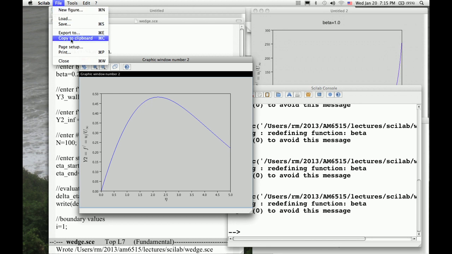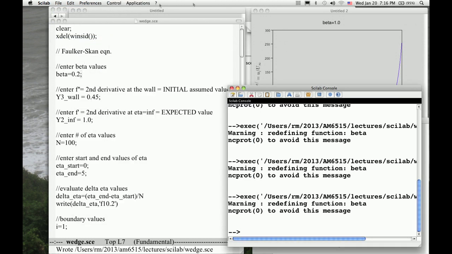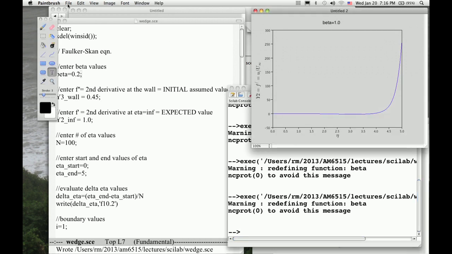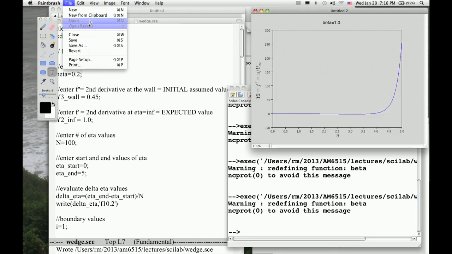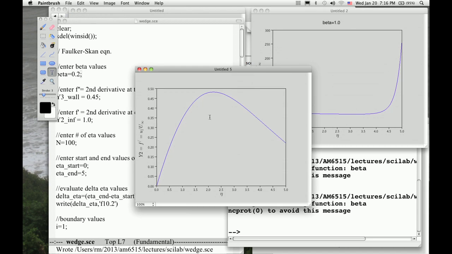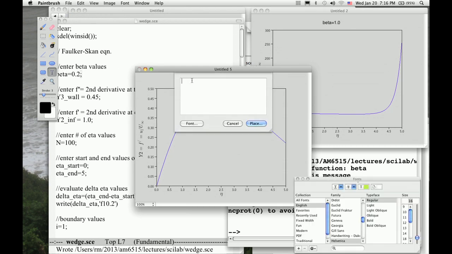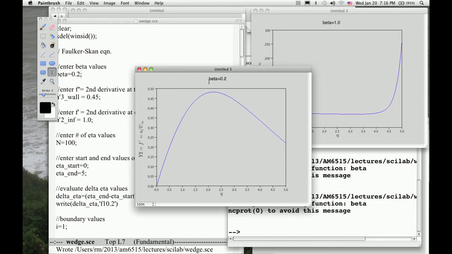Now let us see. This is 0.2. So now, if you see this, this is very interesting.